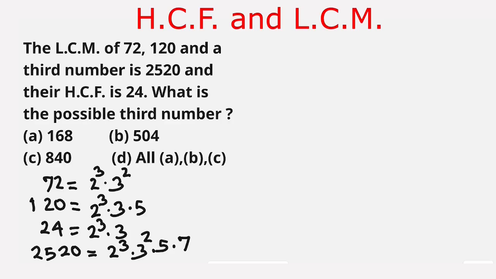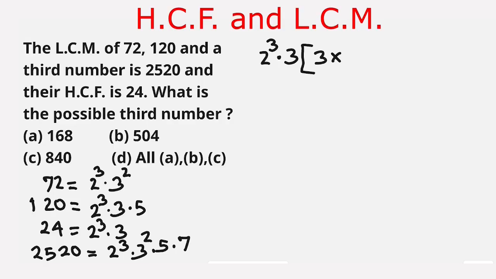It means that the third number must contain the HCF, which is 2 to the power 3 multiplied by 3, as the factor of other numbers. If we observe the LCM, then 2 to the power 3 is already covered in HCF and 3 to the power 1 is covered in HCF.